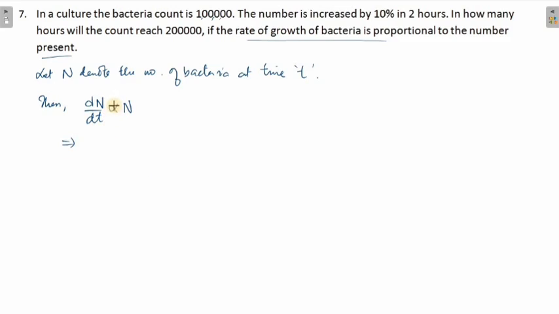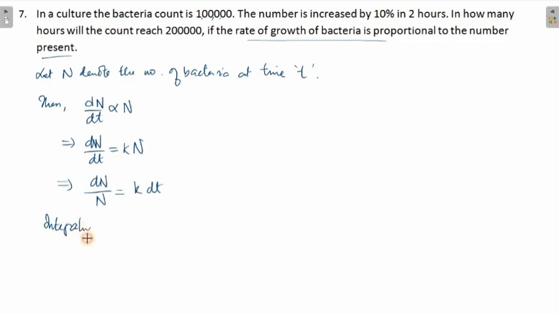Whenever you have this, you can remove the proportionality sign and write dn by dt equals, and when you put equals, you have to put some constant, so you get kn here. So from here you get dn by n equals k dt. Okay, so let's integrate both sides.